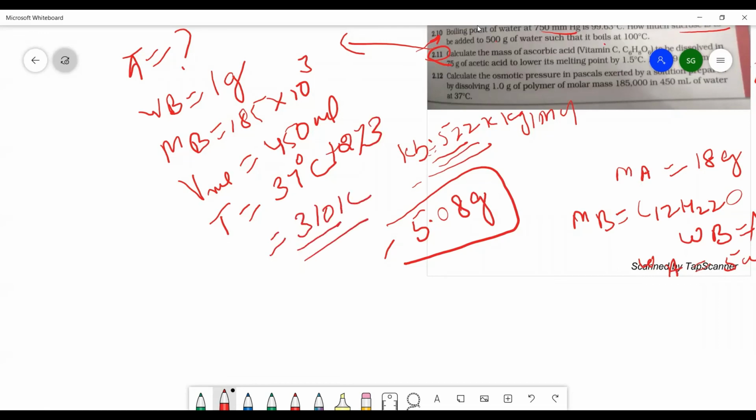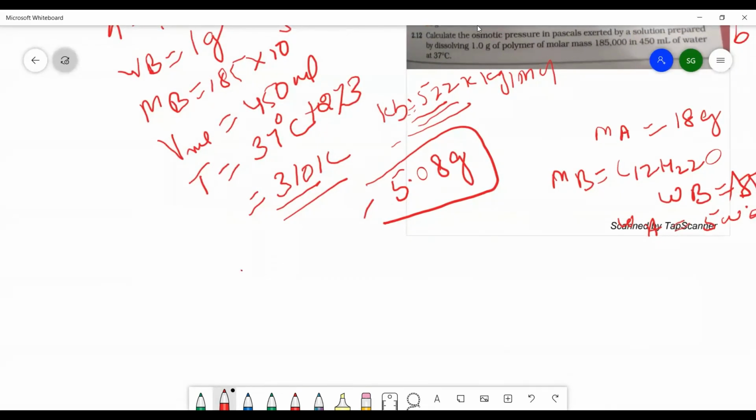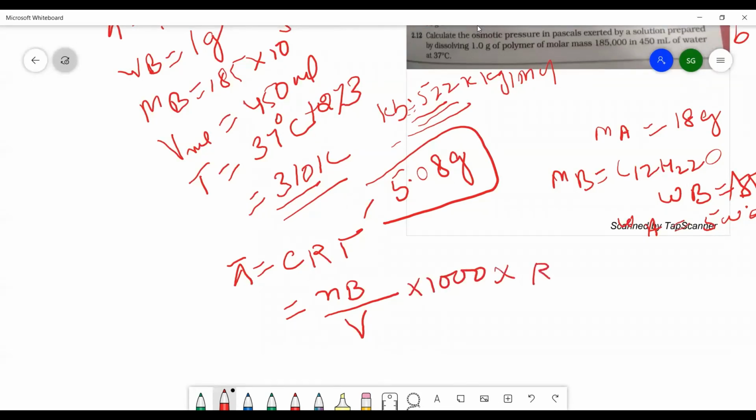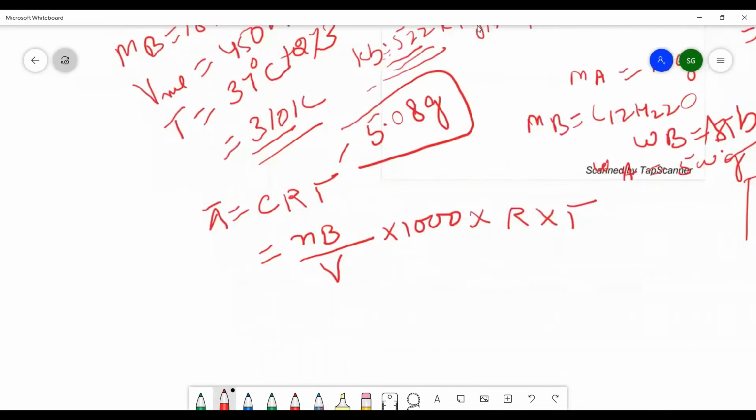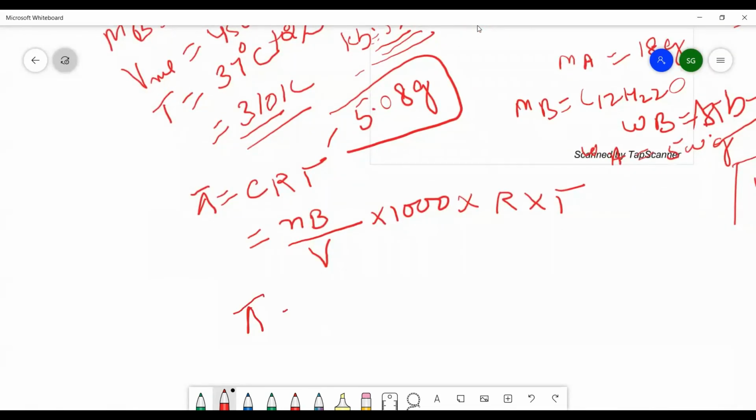Now you know well कि the formula of pi is equal to CRT, where C is the molarity. So molarity is number of moles of the solute over volume of the solution in liters. Otherwise, we have to multiply by 1000 into R into T. Okay. Now, you want to calculate the pi.